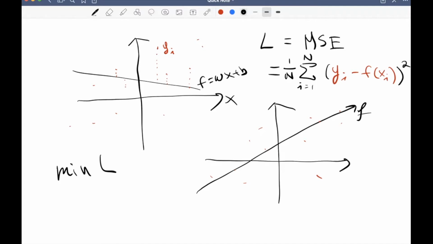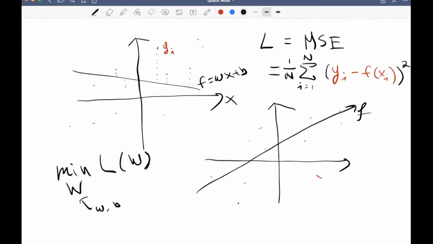Usually we use w for weights in neural networks. I will just do a capital W, which symbolizes lowercase w and also b. And L is parameterized by W.